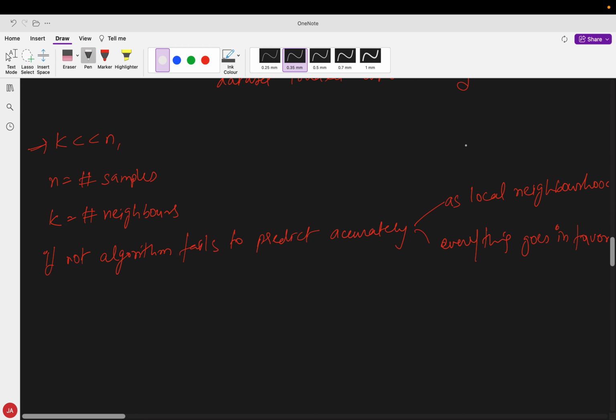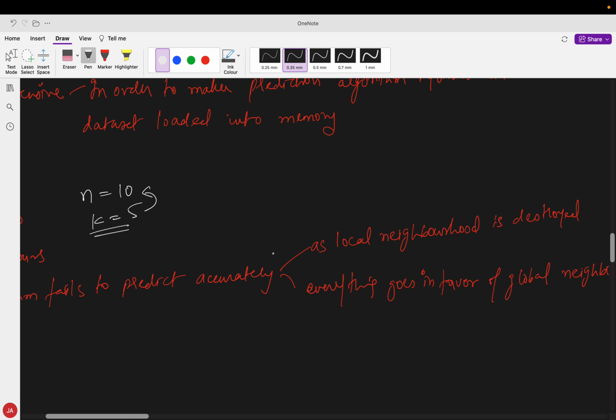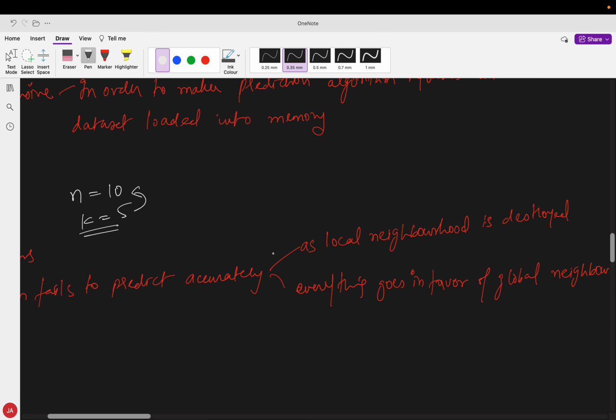And KNN requires k to be less than n. If k is not less than n, let's say my number of samples is 10 and I pick 5 neighbors, it would just be the majority, right? So the simple majority wins.